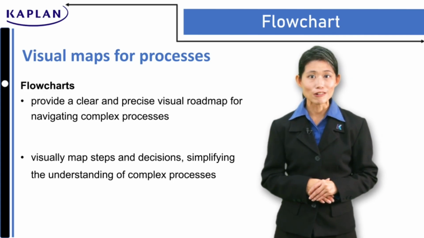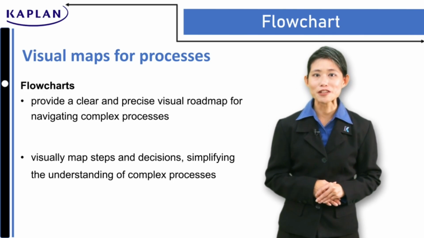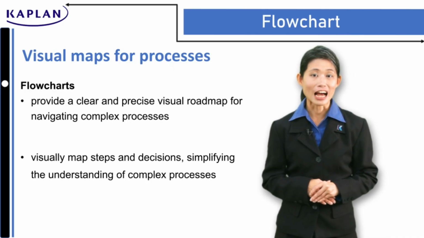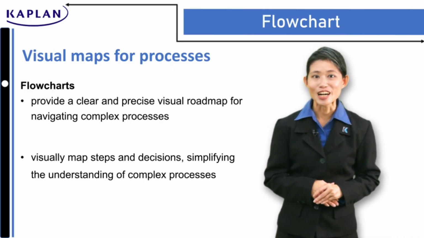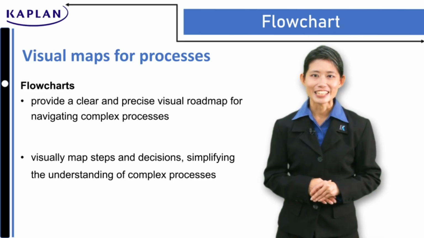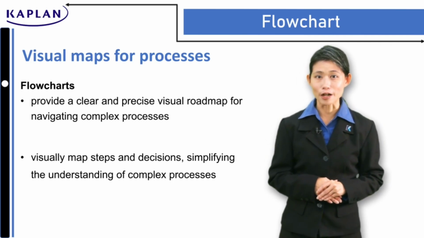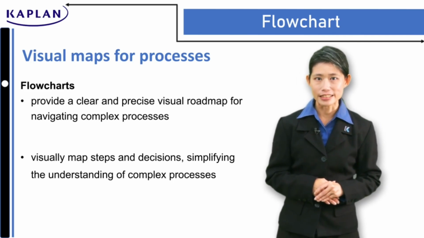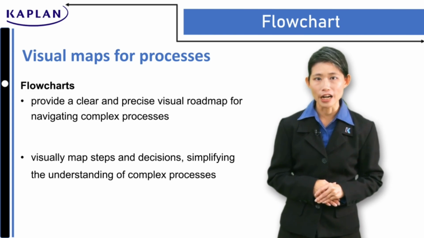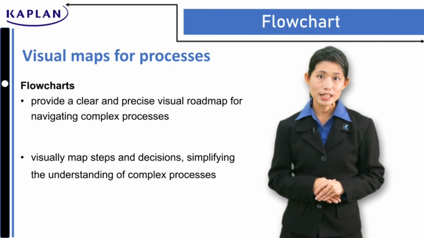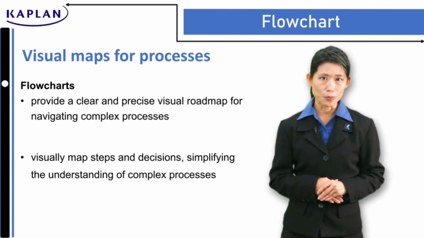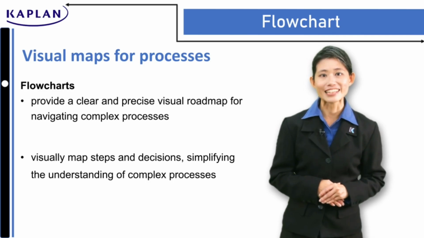At its core, a flowchart is a graphical representation that unveils the inner workings of a process. It maps out the sequence of steps, decisions, and any alternative paths involved, essentially providing a blueprint for how things get done.